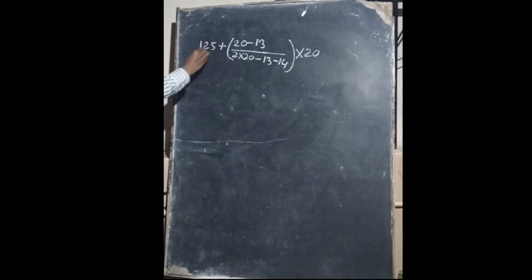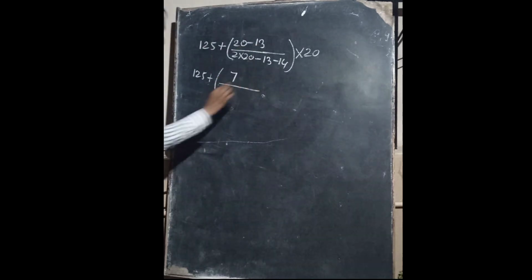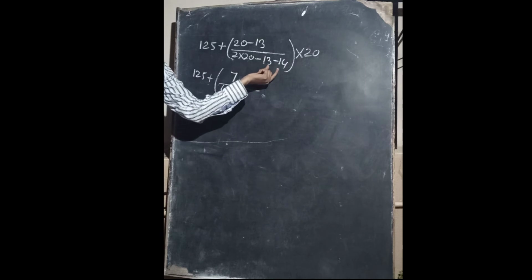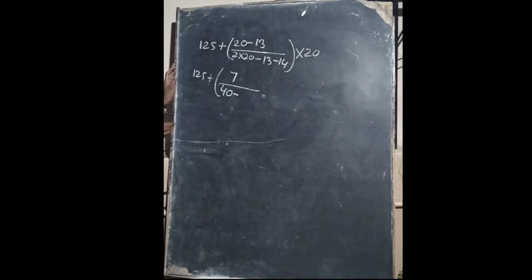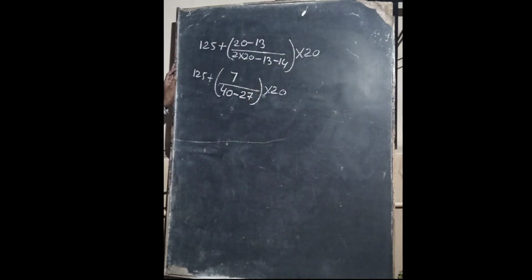Now 125 plus bracket 20 minus 13 is 7, by 2 into 20 is 40, minus 27. 13 and 14 are added, 27. Same signs are added, different signs are subtracted. Into 20. Now 125 plus 7 by 40 minus 27 is equal to 13, 7 by 13, into 20.